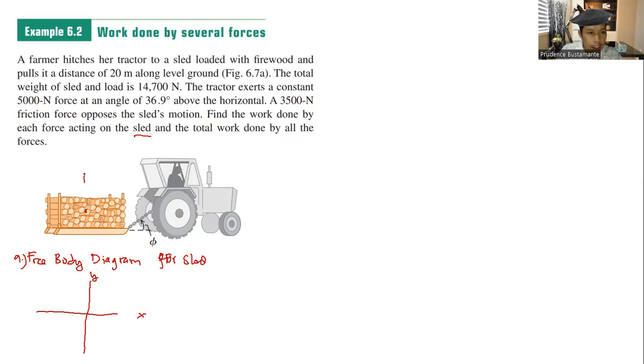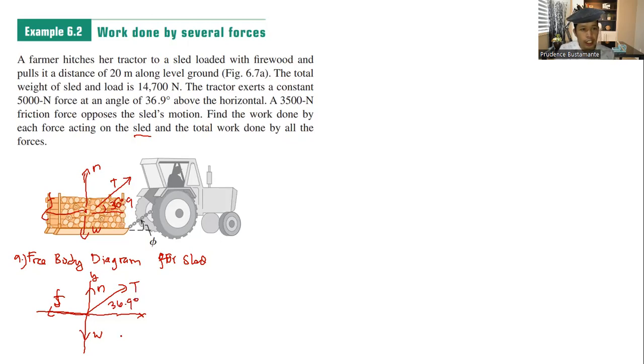We know that there is a normal force acting on the sled along that direction. We also know that there is a weight force, and we also know that there is a friction force and a tension force. The tension force is at an angle of 36.9 degrees.